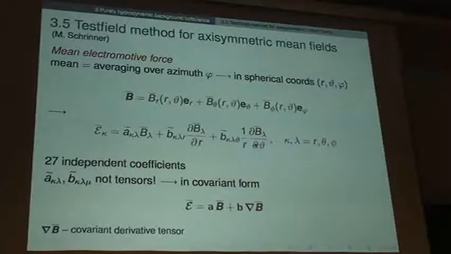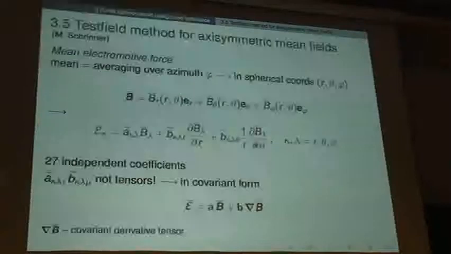Note that these tilde quantities, with these indices referring to r, theta, and phi, are not real tensors. So that's why I've written them only in this component form, not in a compact form. Instead, one could use a covariant form where really the covariant derivative tensor occurs.